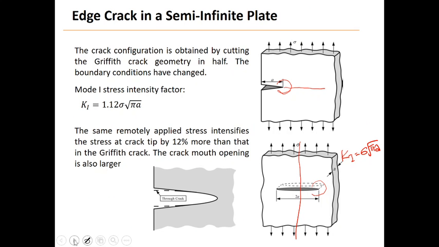Now we have a different parameter here, which is the stress intensity factor. So what you need to do is very similar. You want to make sure that the stress intensity applied is less than the critical stress intensity factor that the material can take, right?